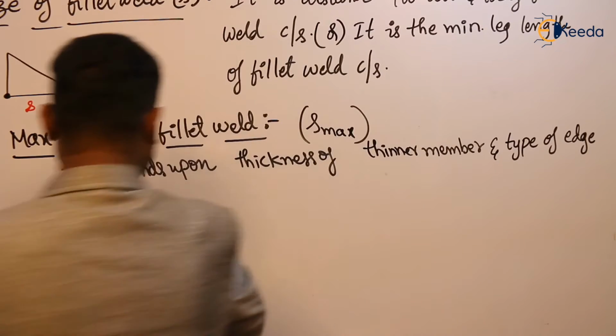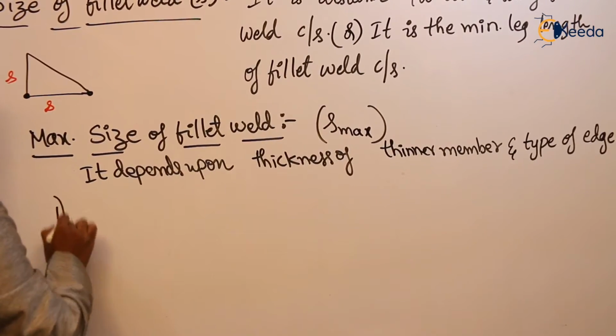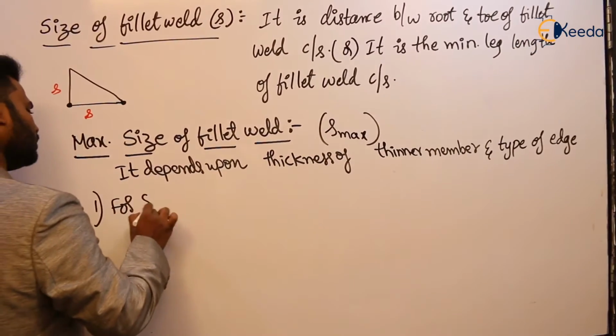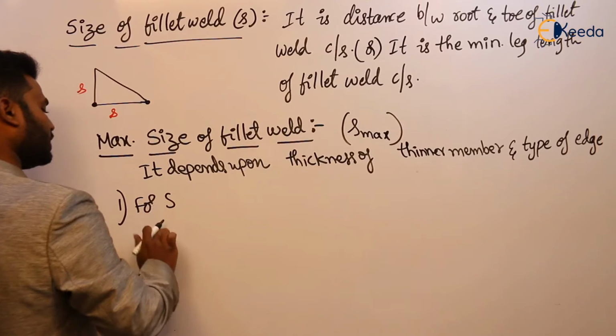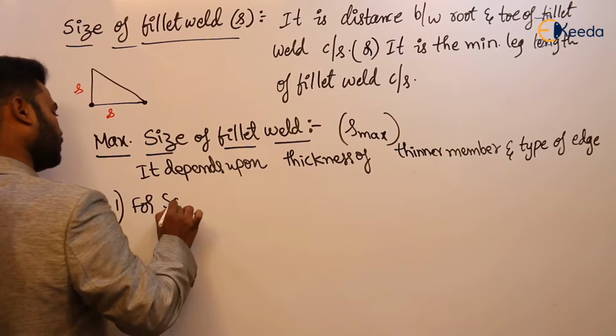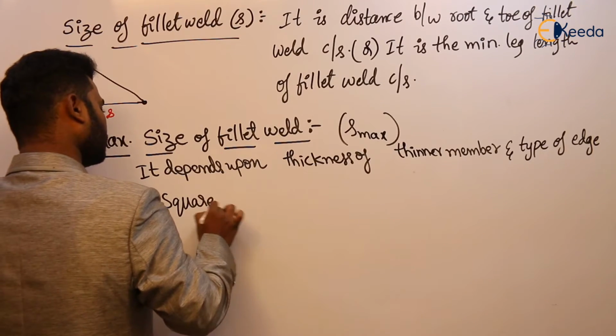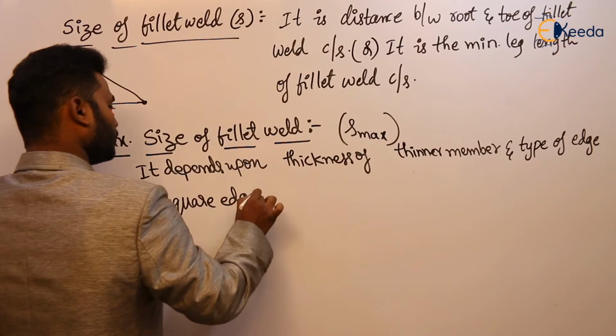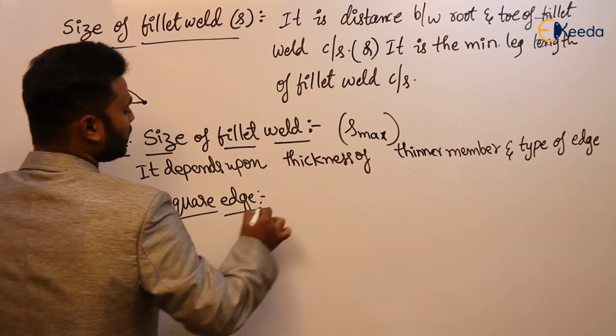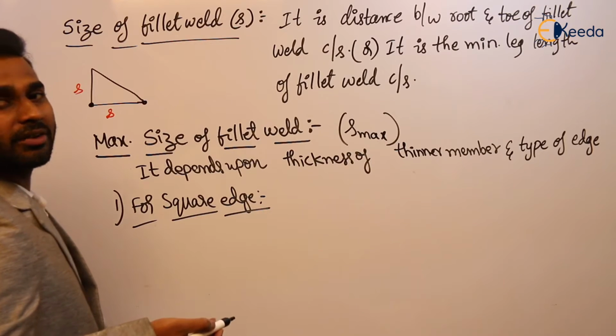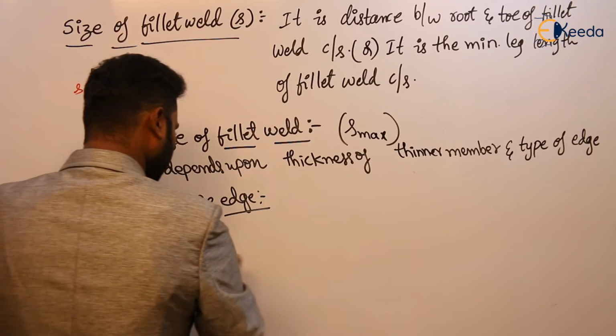So first, for square edge. A square edge is nothing but plates. Usually for plates we have the square edge like this.